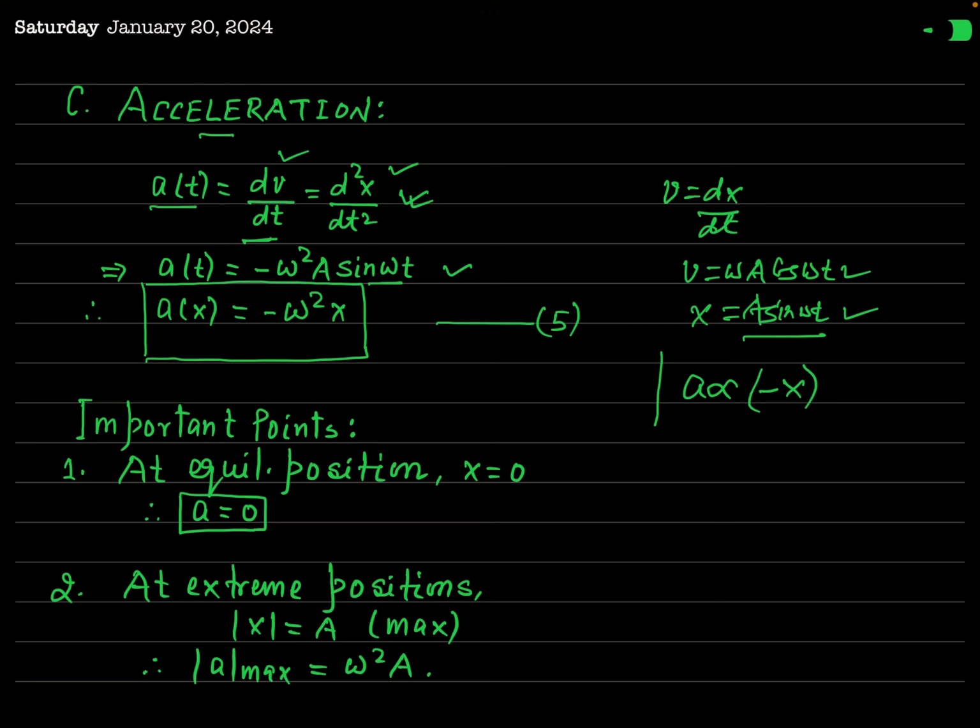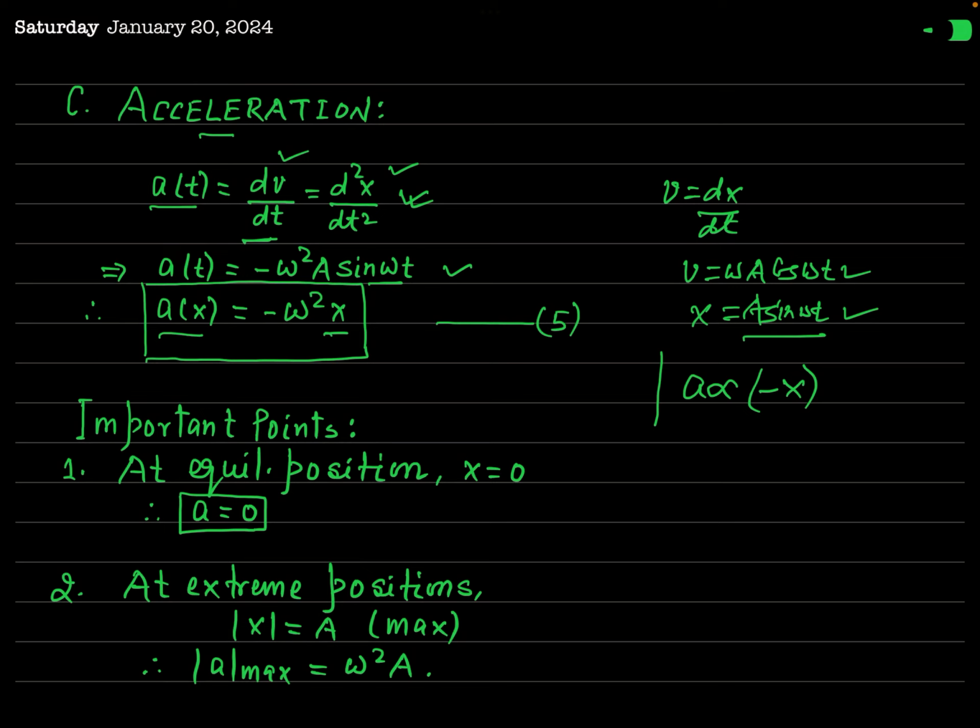Now let us see some important facts regarding the acceleration of the particle during SHM. Acceleration of the particle also depends on the position of the particle during simple harmonic motion.